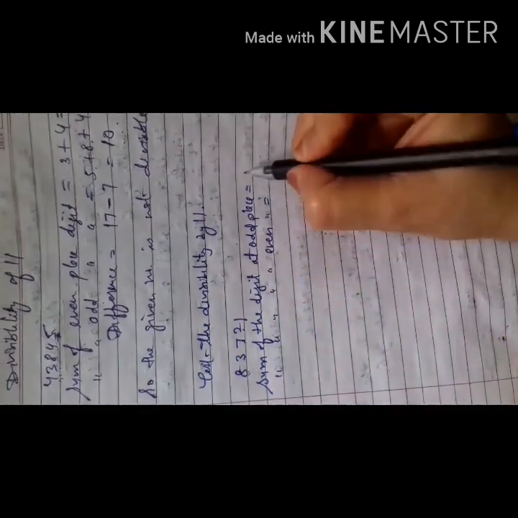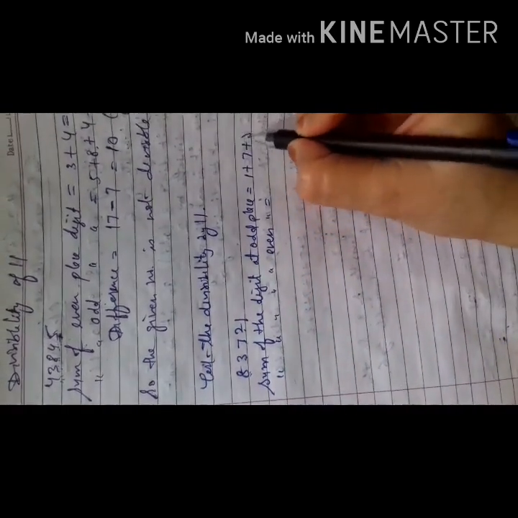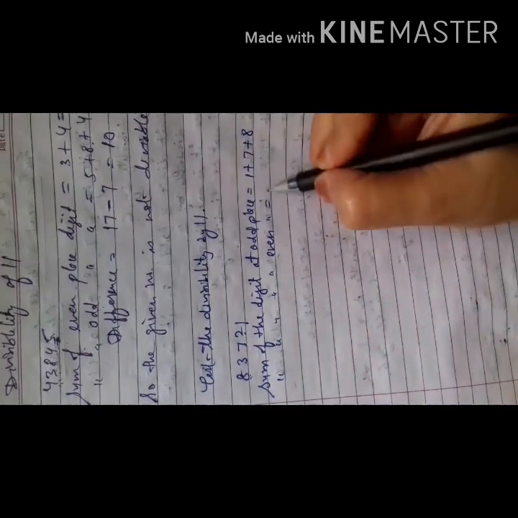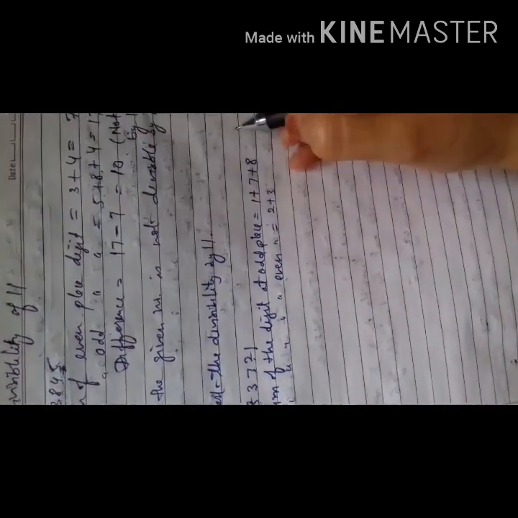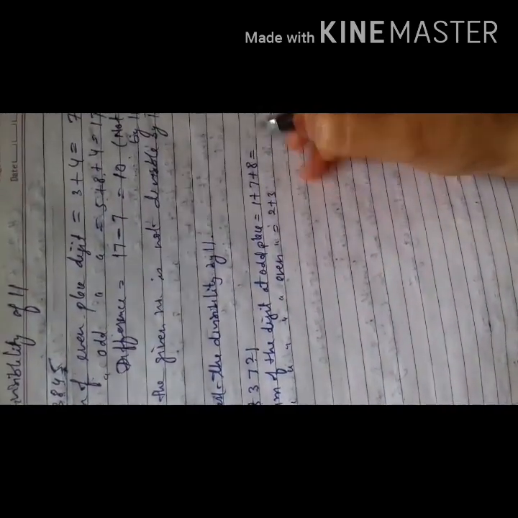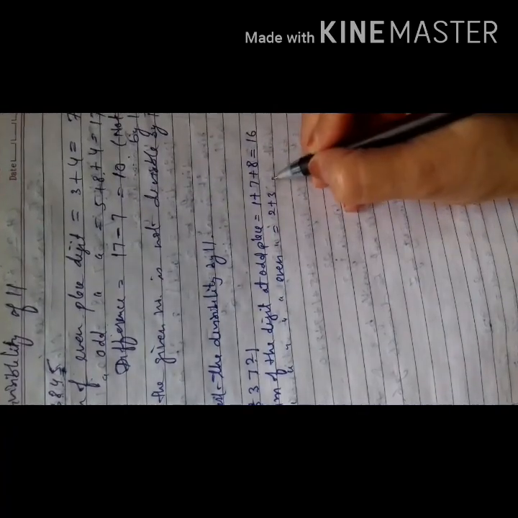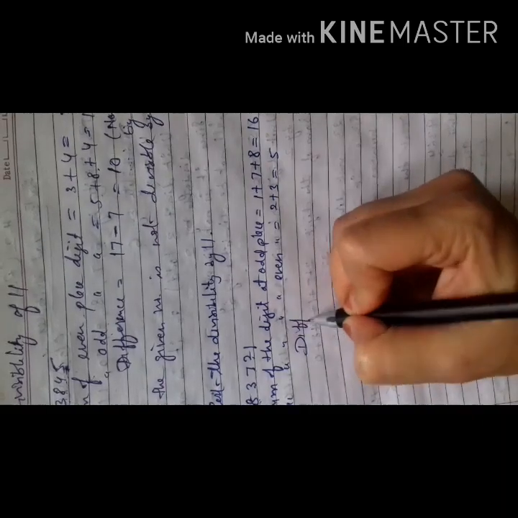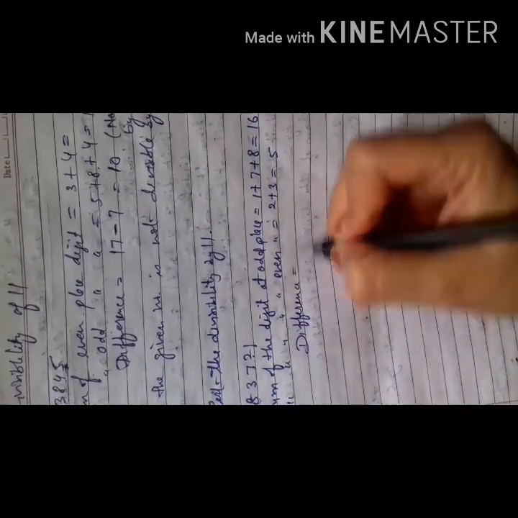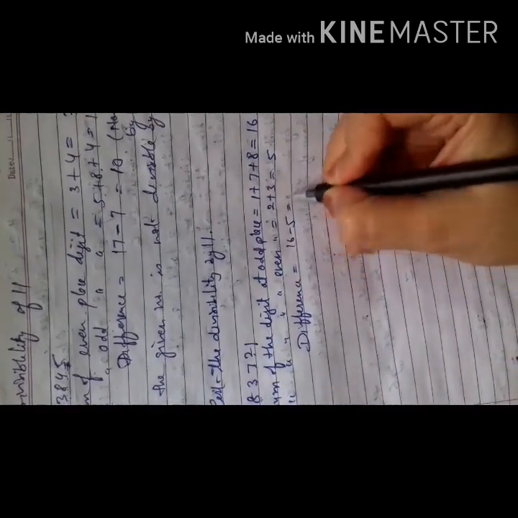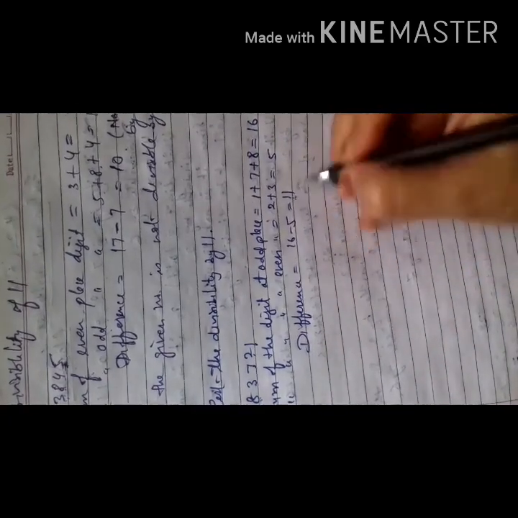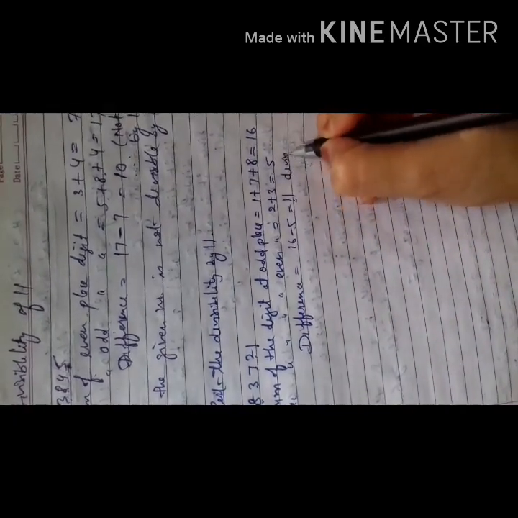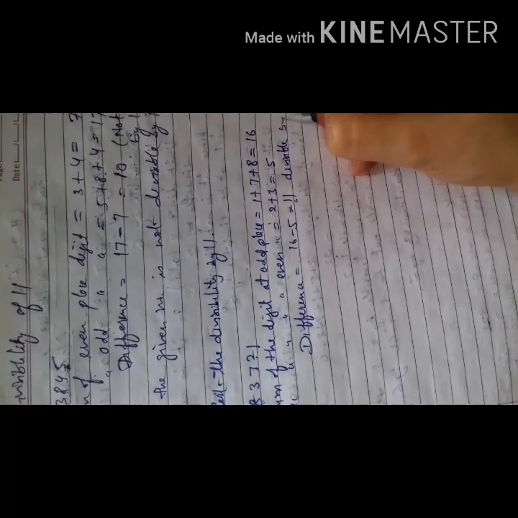The odd place digits are 1 plus 7 plus 8, and the even place digits are 2 plus 3. The sum is 16 and here is 5. And then their difference, 16 minus 5, is 11. And 11 is divisible by 11.